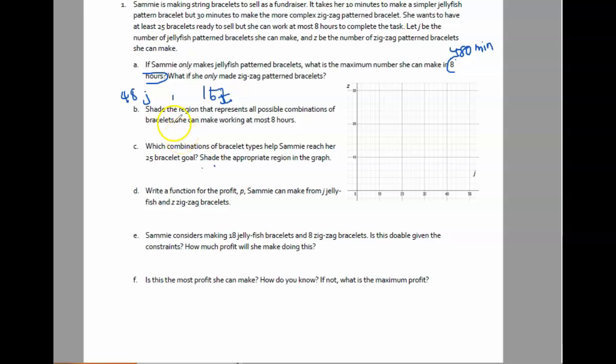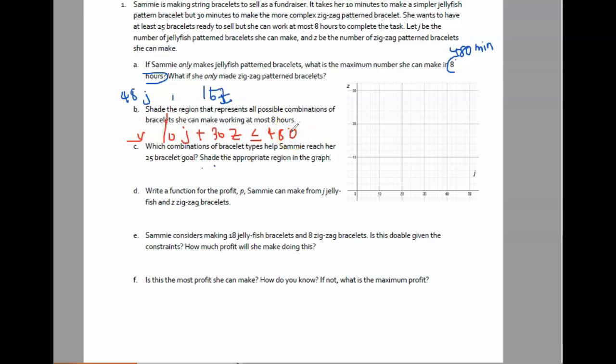All right, so it takes her 10 minutes to make a jellyfish, so each one takes 10 minutes. 10 times J represents the amount of time she spends on the jellyfish. And 30 times Z represents the amount of time she spends on the zigzag. And it has to be at most, so less than or equal to 8 hours, except folks, that's in minutes. So what is 8 hours in minutes again? 480.